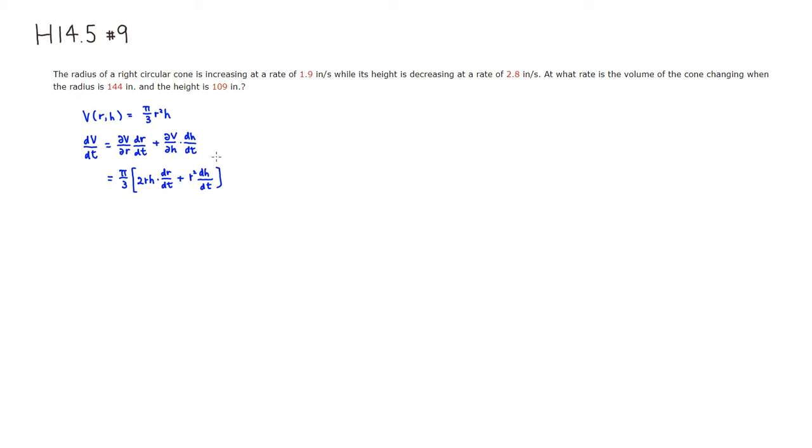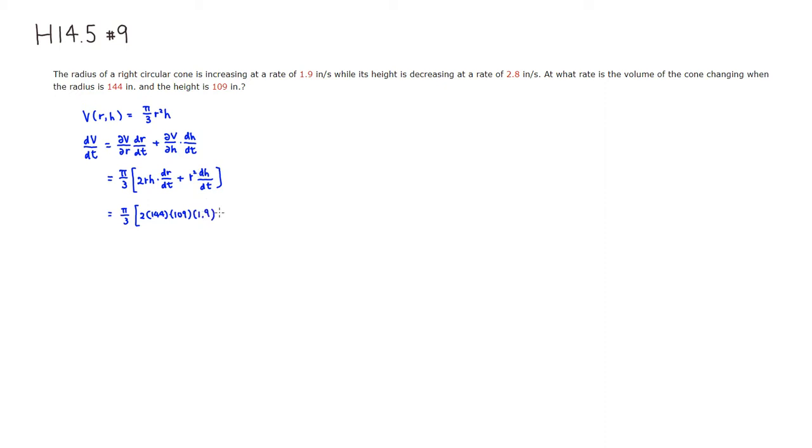Then what we need to do is plug in what we already know. So you have pi over 3, and it's going to be 2 times, radius is 144, and the height is 109. Then dr over dt, the radius changes at 1.9, so it's going to be 1.9.